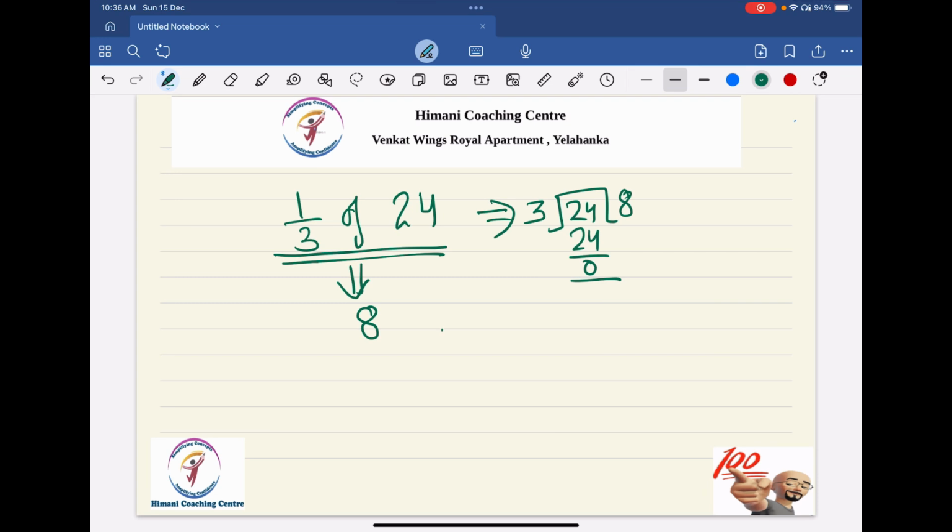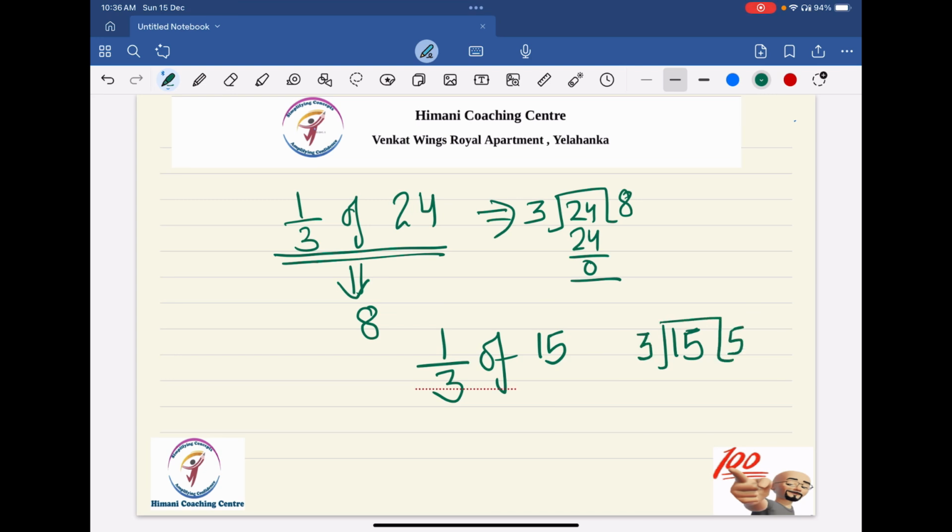Now, what I want you to find is 1 by 3 of 15. Okay, pause the video and do it and then come back and see if you got it right. Now, to find 1 by 3 of 15, we are dividing 15 by 3.